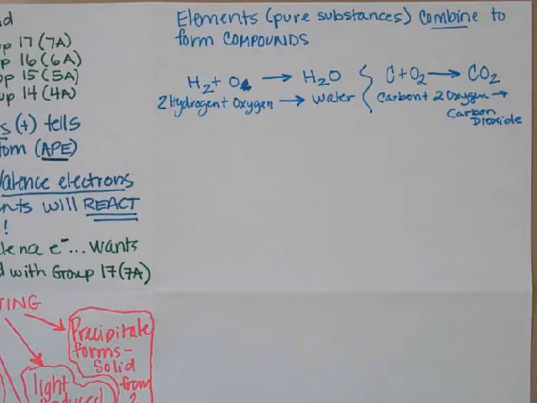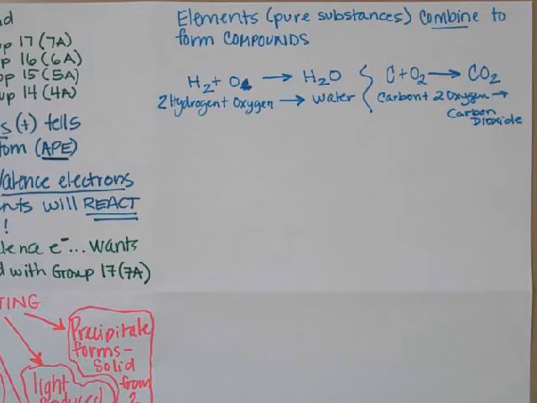All right, sometimes you will have to be able to look at a chemical formula and determine the number of atoms or the number of elements present. So let's look at a chemical formula real quick.